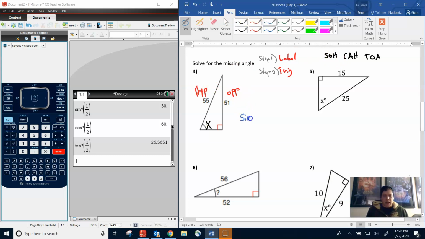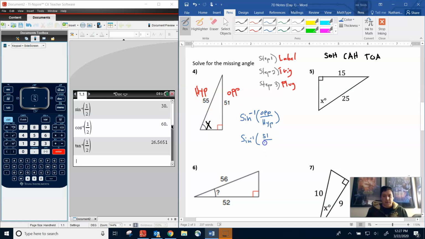But we're trying to find a missing angle, so we're going to say sine inverse, right? And sine inverse is going to be the opposite over the hypotenuse. All right. So then step 3, plug it in. Well, we have our sine inverse. Our opposite here is 51.